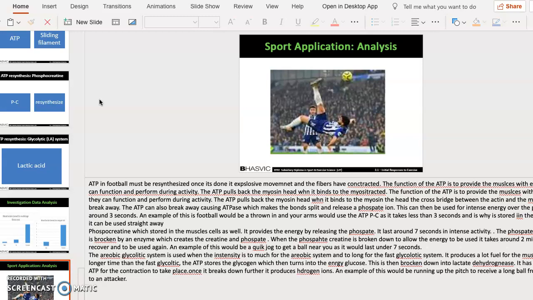This is then broken down by lactate dehydrogenase, resulting in a net gain of 3 ATP for the contraction to take place. Once it breaks down further, it produces hydrogen ions. An example of this would be running up the pitch to receive a long ball from a defender to an attacker.